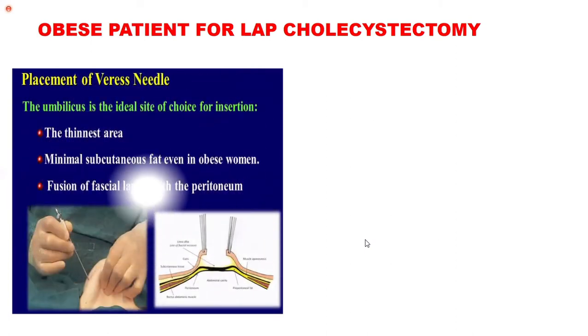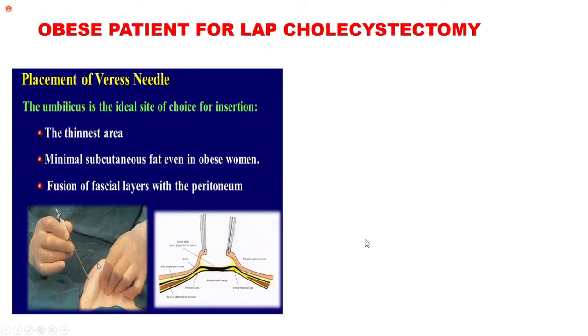Now, the placement of Veress needle. This is the Veress needle. All of you would have seen how they pinch the abdomen and then try to introduce it. And through this needle, they insufflate first initially and then put the trocar. Okay. So this needle carries the risk of sometimes going into one of the vessels, and without knowing they will be insufflating, and gas embolism is very, very common during this initial stage.